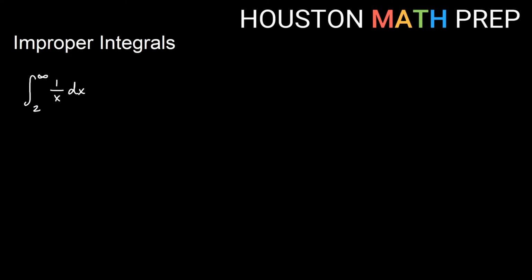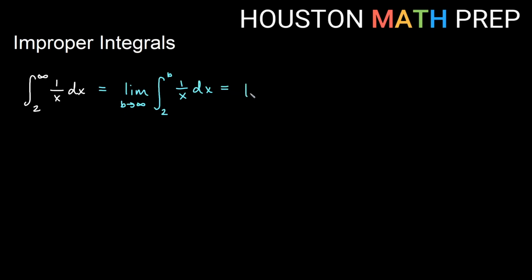Let's go ahead and work through our examples that we showed you before. We have the integral from 2 to infinity of 1 over x dx. The first thing we'll do is substitute some dummy variable in our bound. So we'll say from 2 to b, and then I'll say limit as b approaches infinity here. That will be the limit of the same integral.